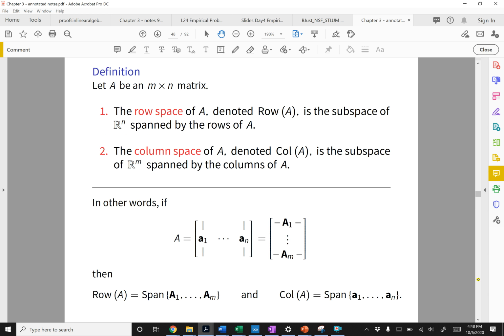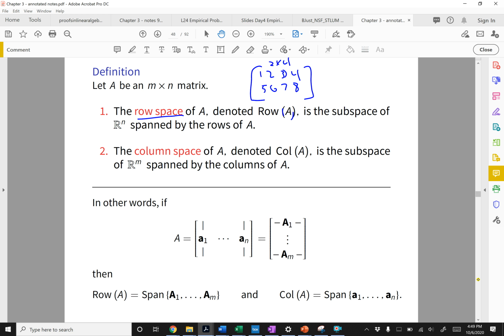Here we're going to talk about some specific subspaces of a matrix. So let A be any m by n matrix. The row space of A, so we call it Row(A), with parentheses around it, is the subspace of Rn spanned by the rows of A. So this is a 2 by 4.